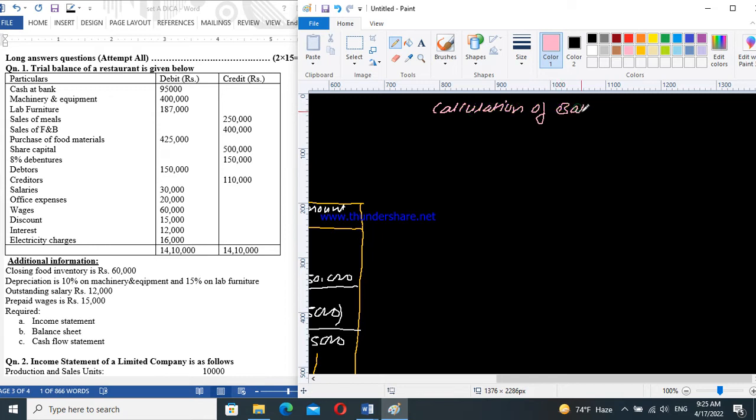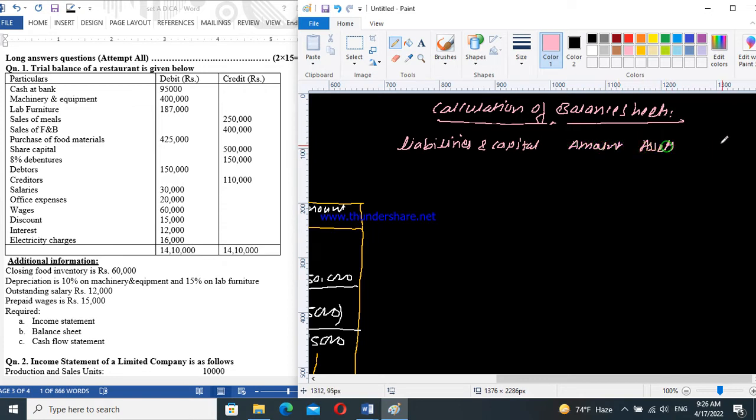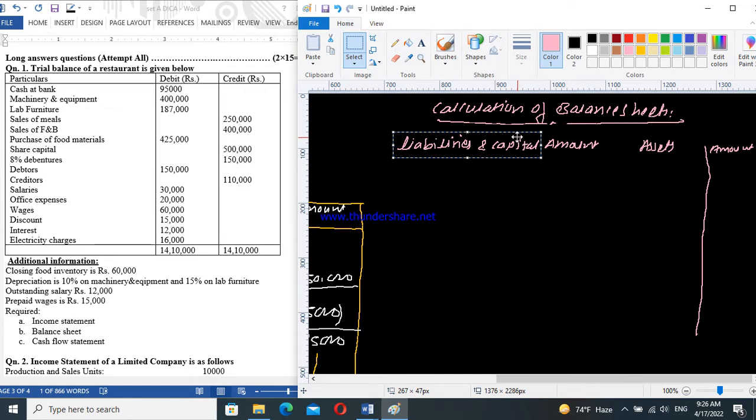Liabilities and capital, amount; assets, amount.